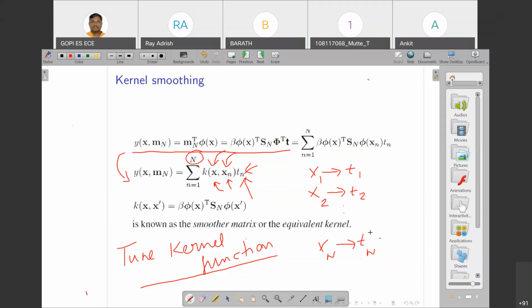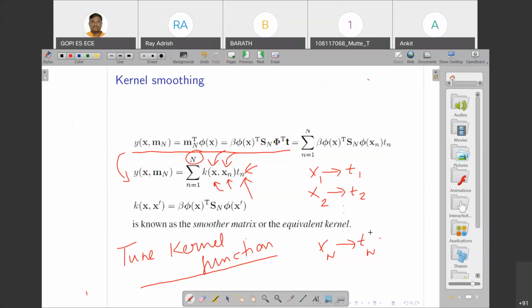Next class, we are actually going to the classification part. So as far as the linear regression model is concerned, we started with the probabilistic model actually, right? So we had the maximum likelihood solution, Bayes technique, right?